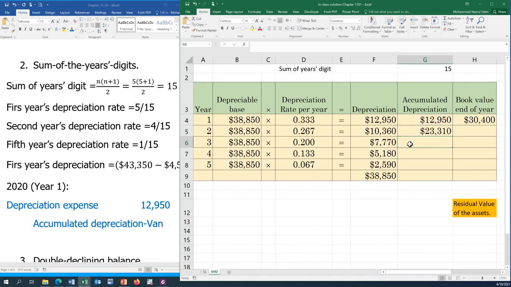For the third year, it is the depreciation until the second year plus the third year's, and the fourth and fifth years work the same way. So we have total accumulated depreciation of 38,850.